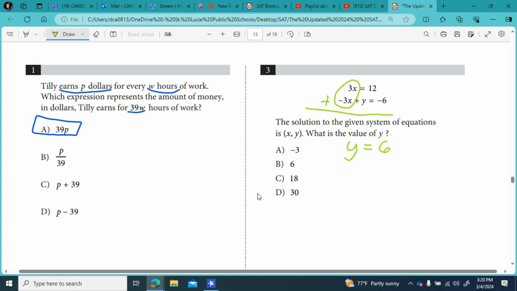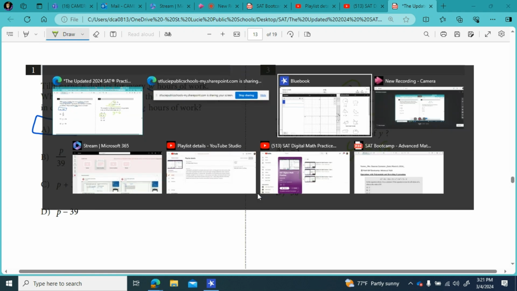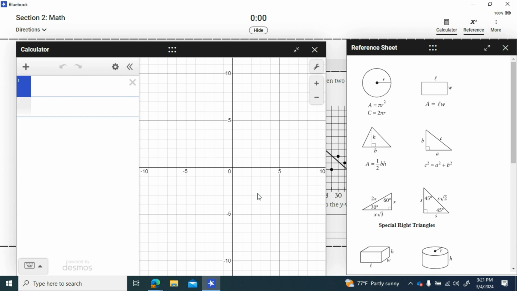It would be 6. Or if you're not a fan of solving a system of equations by elimination like this, you could also just put these on your Desmos calculator. This would take you a little bit more time, but this is still allowed.